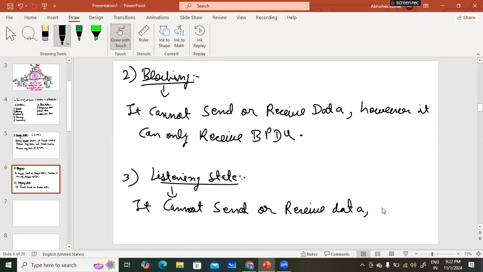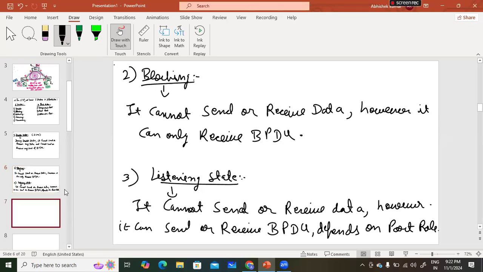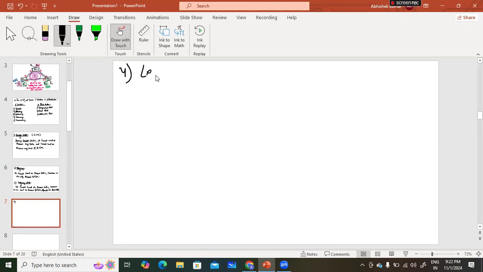However, it can send or receive BPDUs, which depends upon port role. Now, let's move on to the fourth state, which is my learning state.